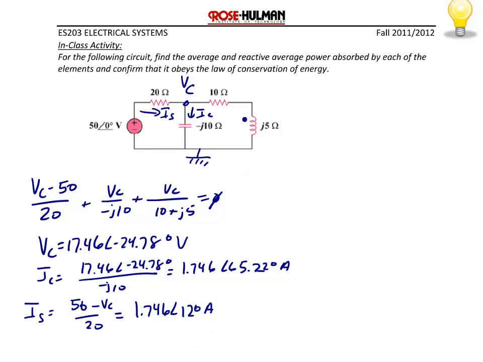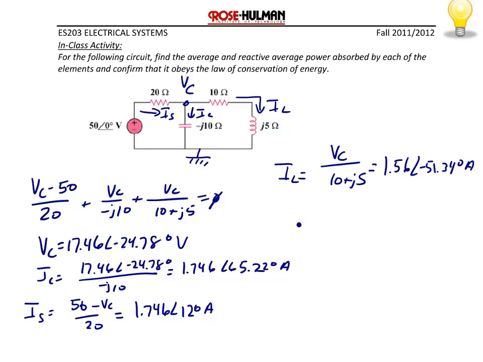So now if I want to find the current through the 10 ohm and the j5 ohm impedances, I'll call that IL. IL would be equal to VC over 10 plus j5. So IL is equal to 1.56 with an angle of negative 51.34 degrees, and the units are amps.